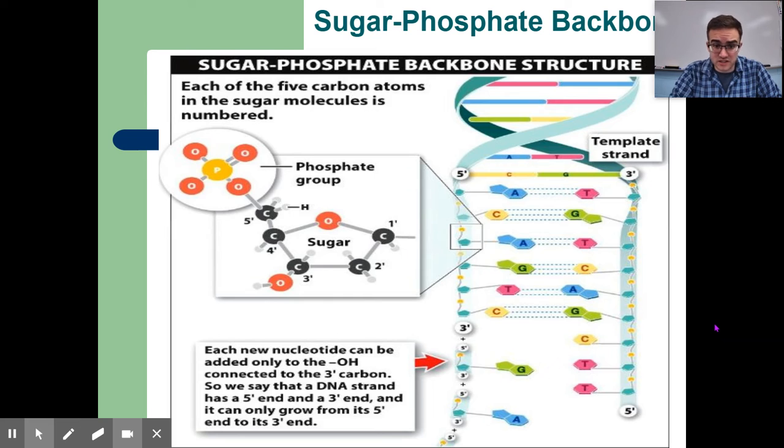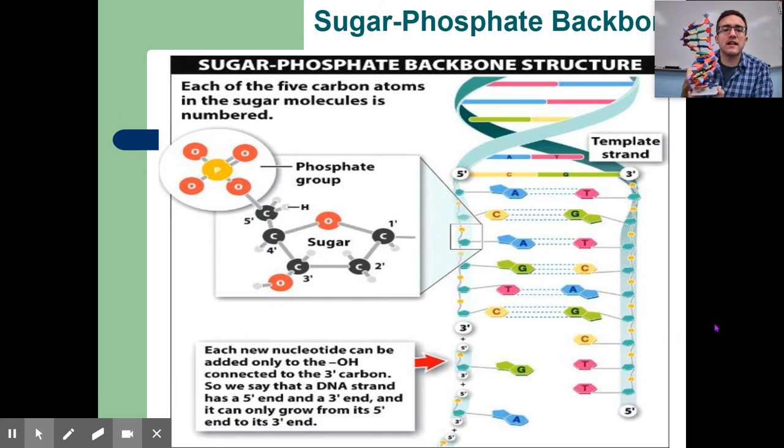The last part of this is I just want to talk briefly about the sugar phosphate backbone. Since DNA is made up of two strands of nucleotides, here's one strand of nucleotides and here's the other strand.